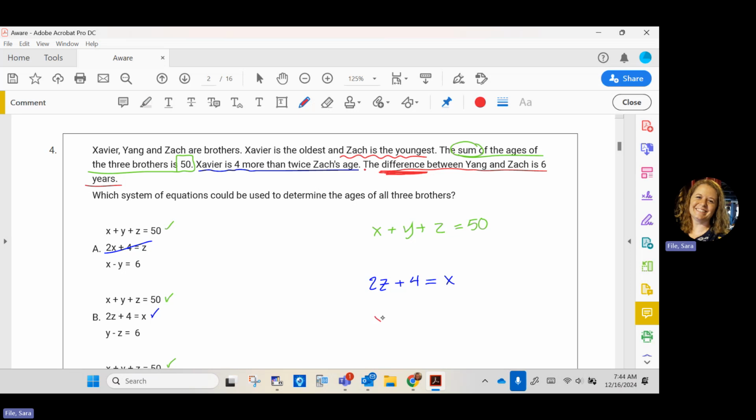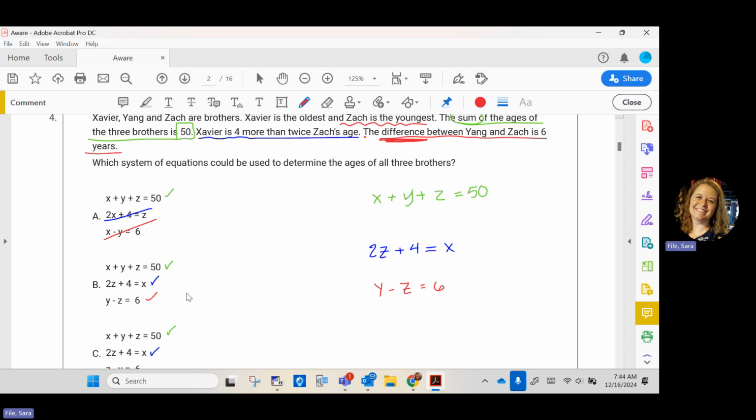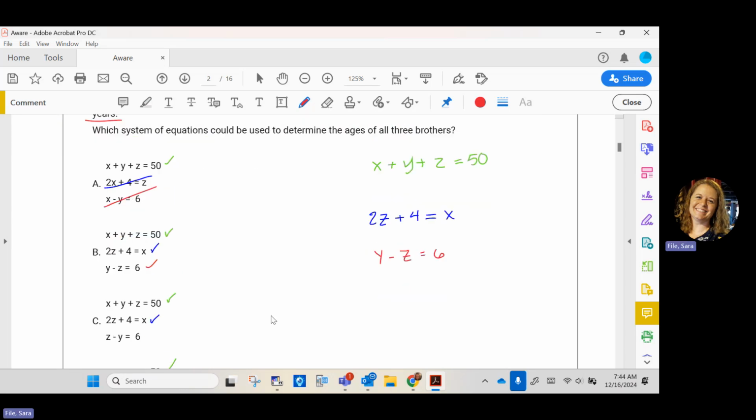So that means Yang's age minus Zach's is 6. First of all, Xavier wasn't in that at all. We had already eliminated A though. But Yang minus Zach equals 6. That one looks good. This one has it backward, Zach minus Yang, that has it backward.